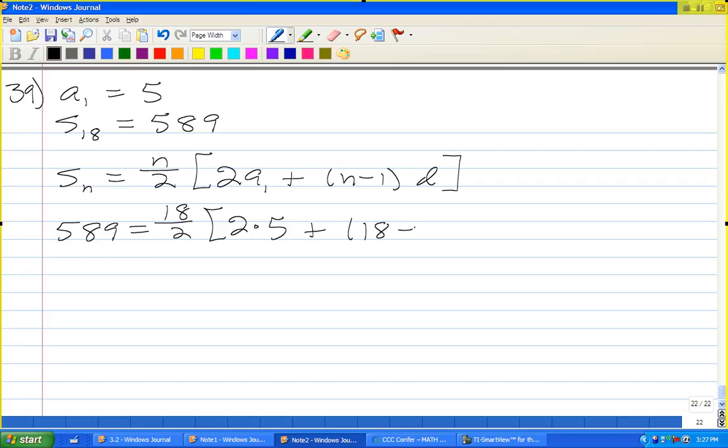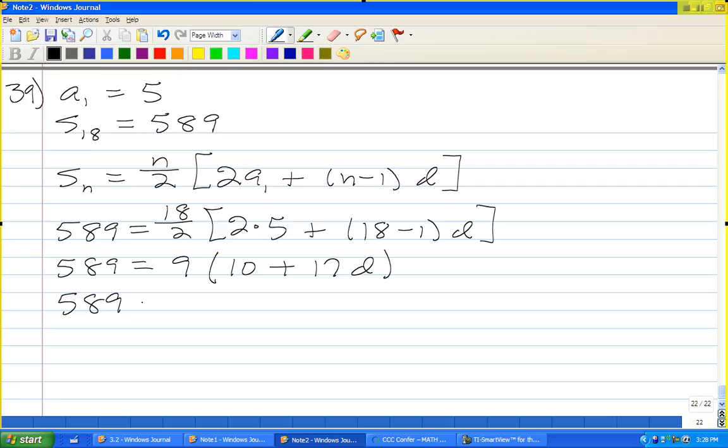I don't know the common difference yet. And so 589 is equal to 9 times 10 plus 17d.